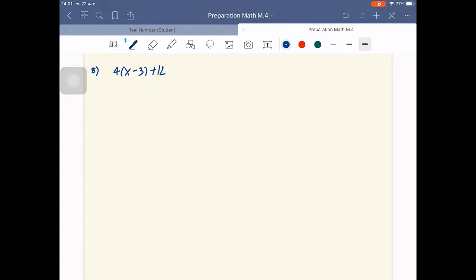We begin with the distributive property: 4x minus 12 plus 12. And here, can you see this one? Identity. Sorry, it's not identity. It is the additive inverse.